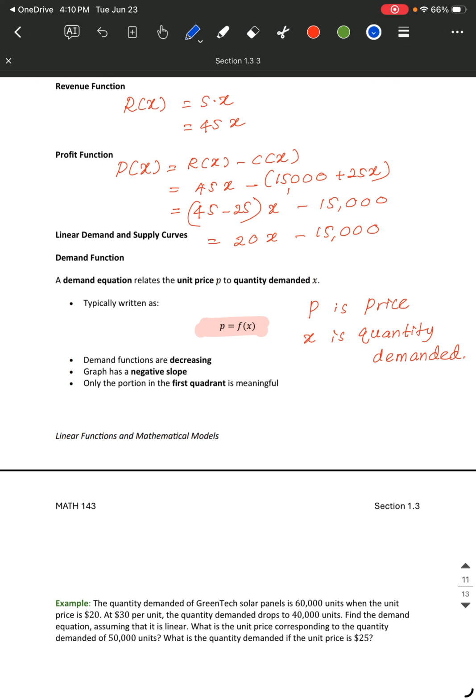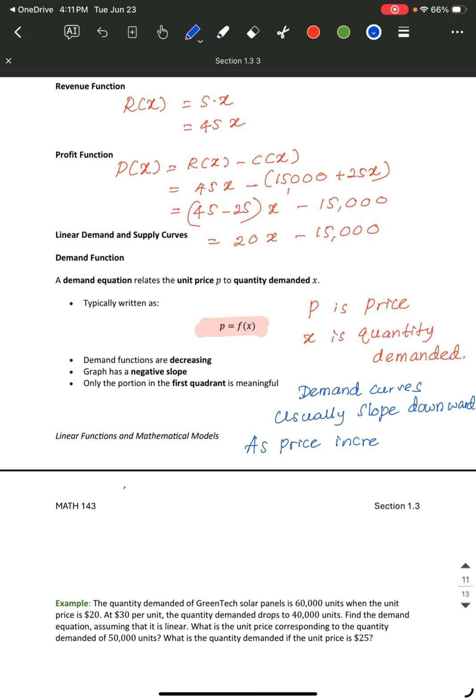So demand curves usually slope downward because as price increases, customers buy fewer products.